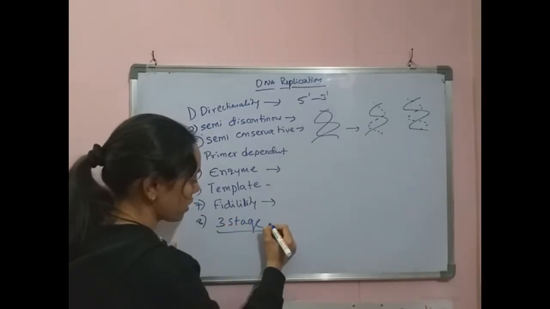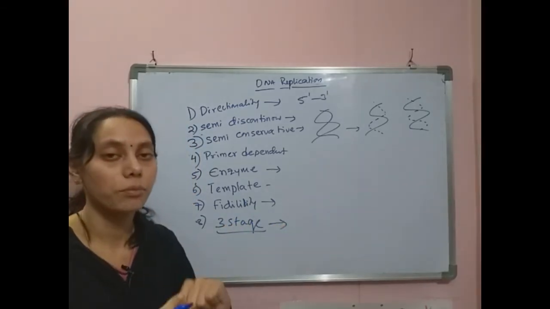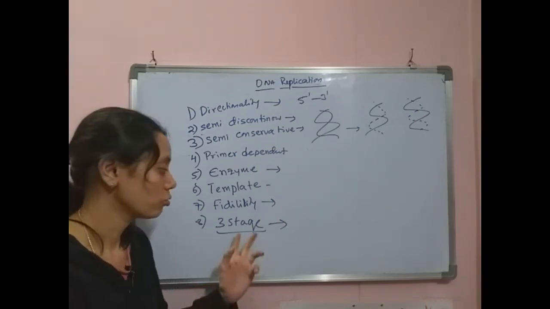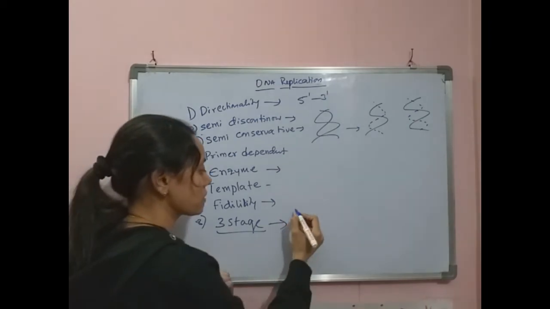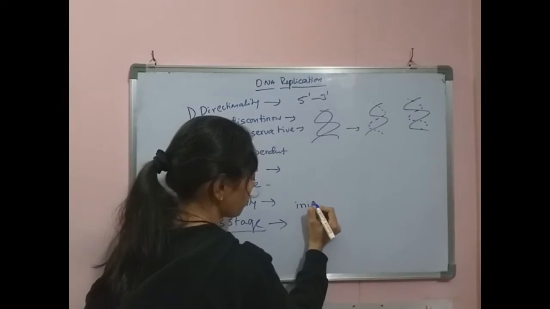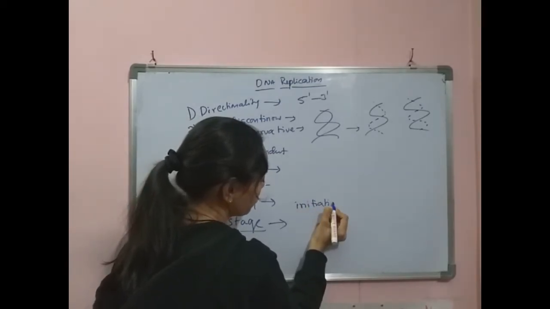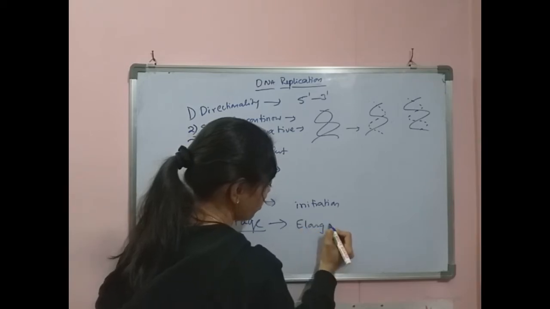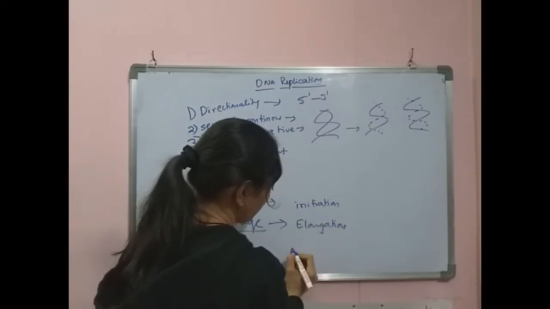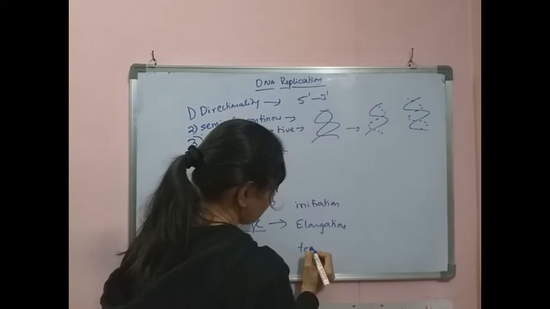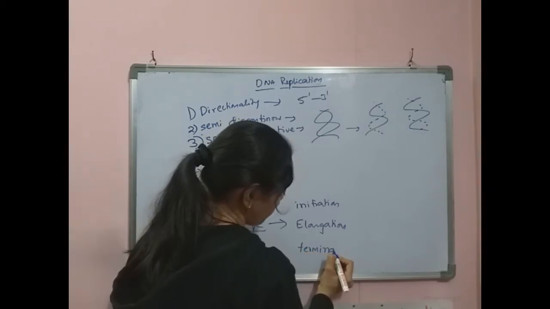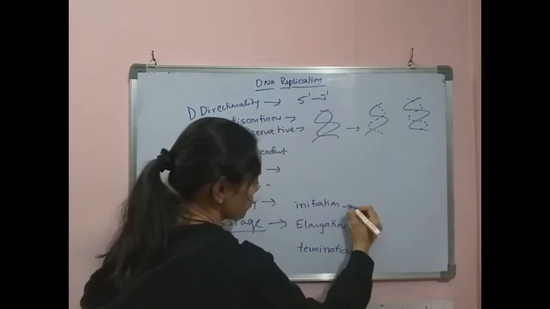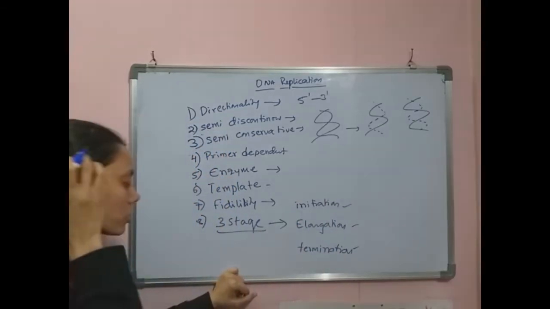For our understanding and convenience, DNA replication can be divided into 3 stages. One is initiation, the second is elongation, and the third is termination. So what is initiation, what is elongation, and what is termination?